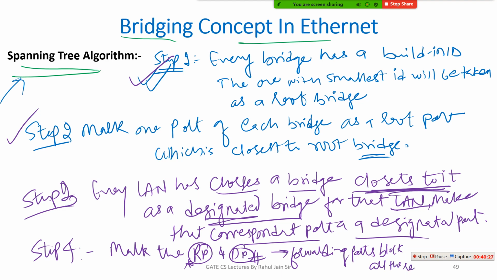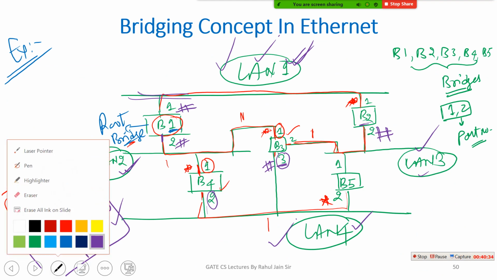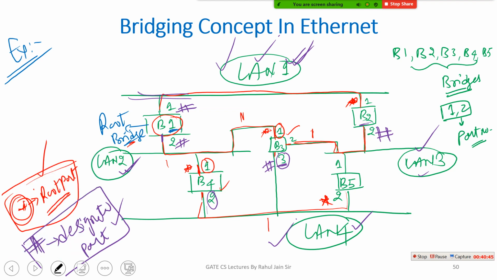So see here, I am changing the color, I am making it a highlighter so that you can understand it clearly, guys, with the help of the marker. See here, I will remove this part. Why?